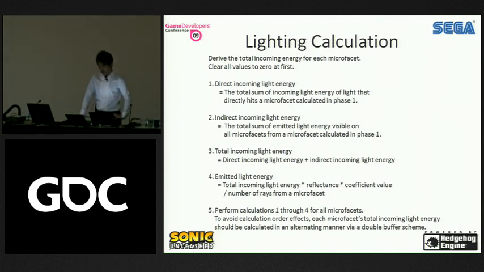Number 3, we calculate total incoming light energy. This is the sum of number 1 and number 2. Number 4, we calculate emitted light energy. This is total incoming light energy times reflection times adjustment coefficient, divided by the number of rays from a microfacet.